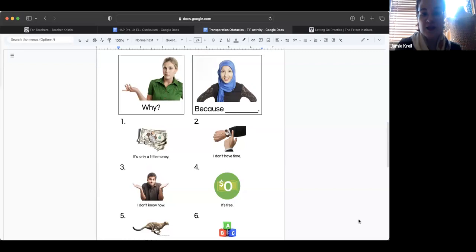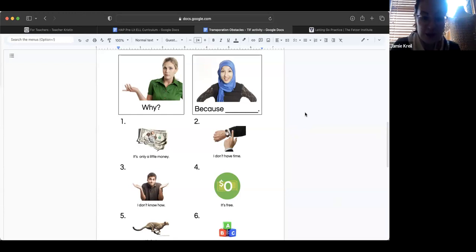It's, why did you choose this solution? I don't have the time to wait for the bus, or I don't have the time to wait for a taxi. Let me take this mode of transportation, it's free. Or you say, I don't know how to take the bus. So that's an option for them to choose here. And so you would have someone ask why, and then they would provide their answer.